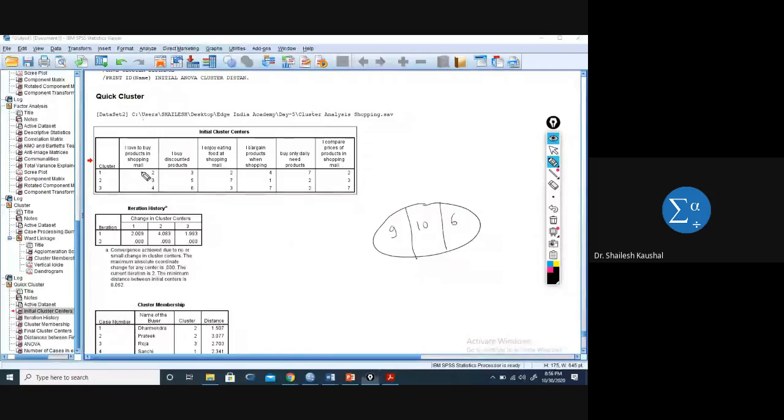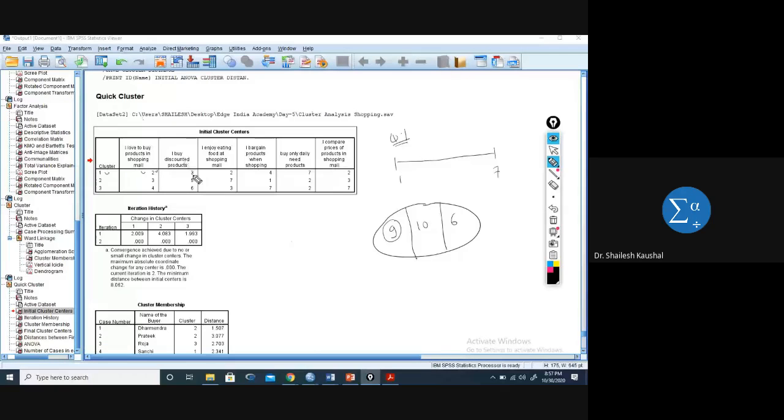What is the meaning of this value 2? We have given choices to our respondents: you tick between 1 to 7. It means in cluster 1, all the 9 people's choice for question number 1 has a mean score of 2. It means, I love to buy products in shopping mall. The value is very low, meaning they are not interested in buying at a shopping mall.